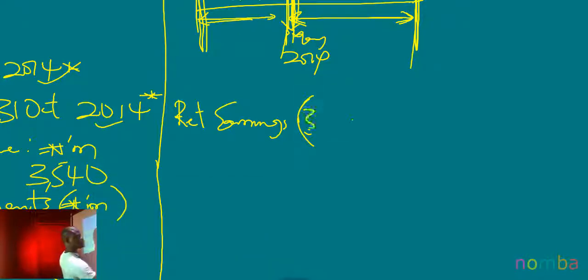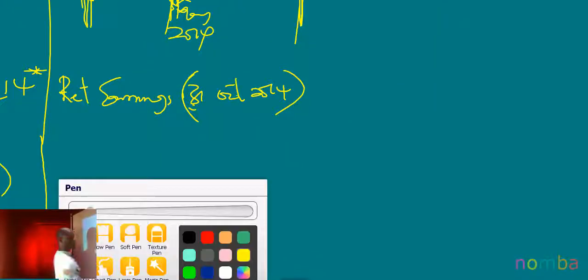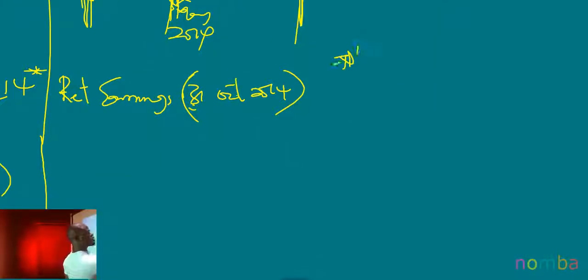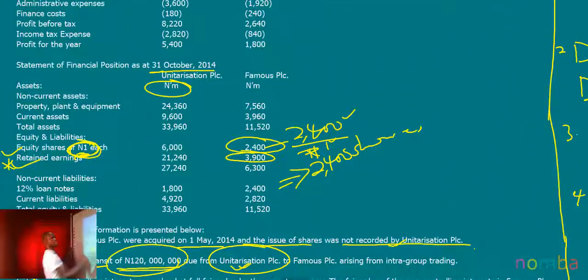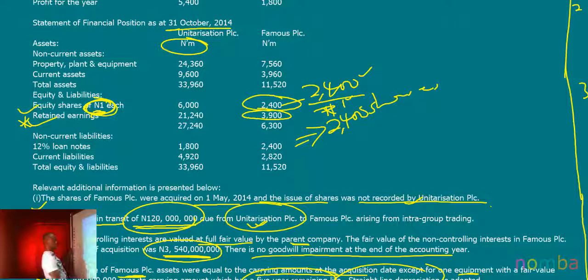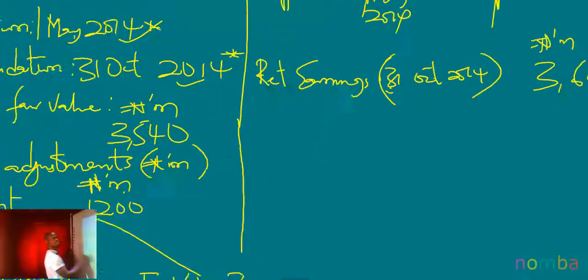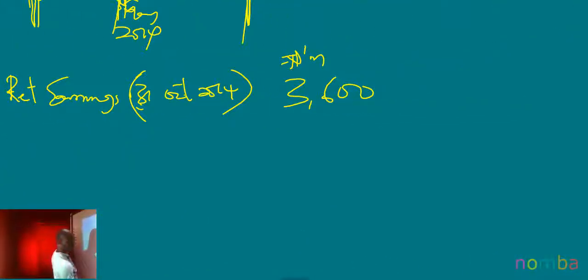And that retained earnings was, as we saw, this is in millions, 3,600. Let's confirm it from the question, the retained earnings of the subsidiary. Okay, it's not 3,600, it's 3,900. So let's go back and change it to 3,900.